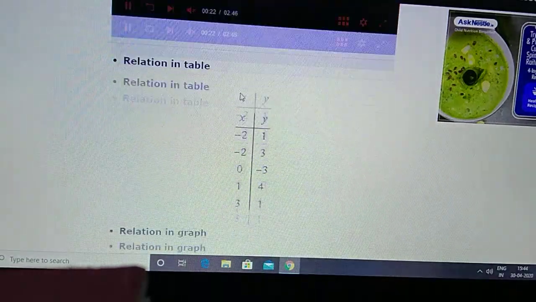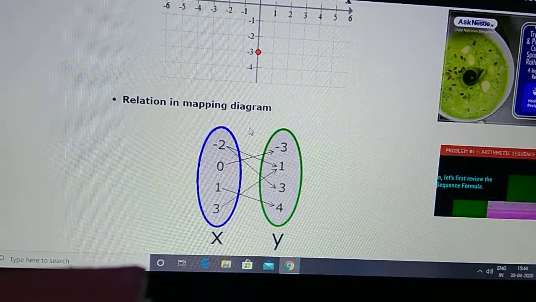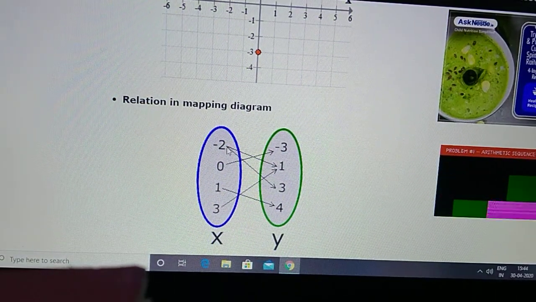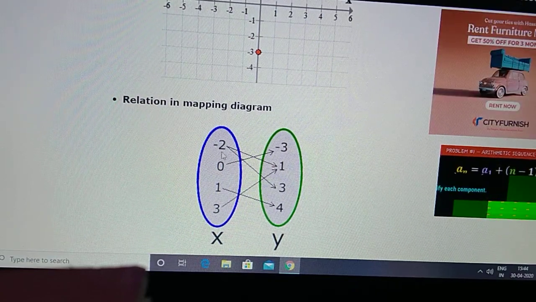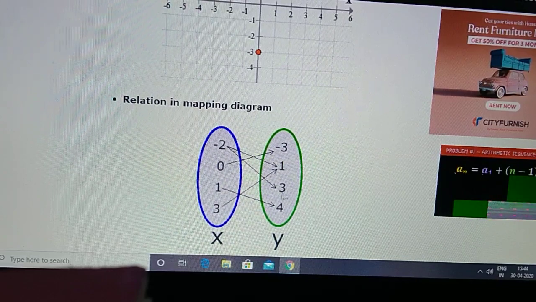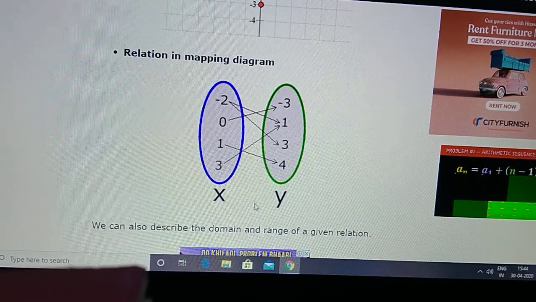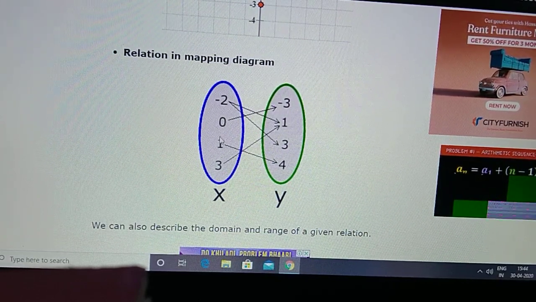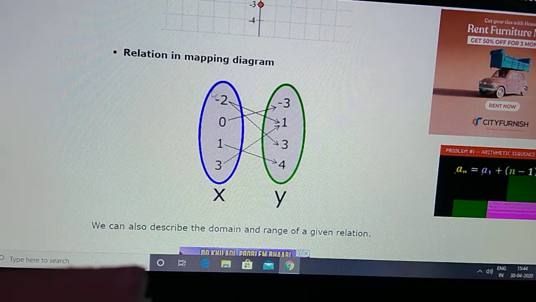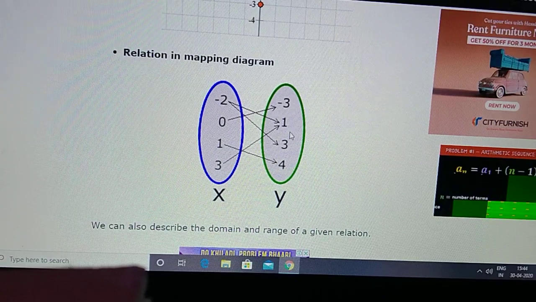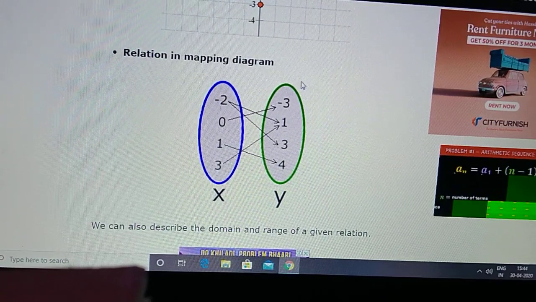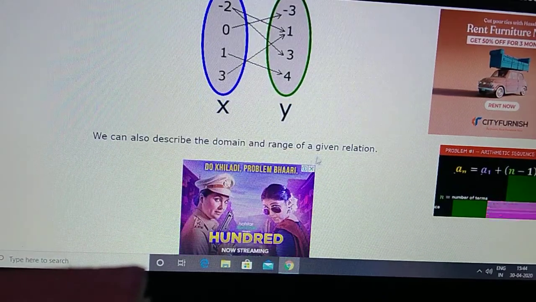But in the Venn diagram we will not repeat it. So -2, 0, 1, 3 are the elements of x, and similarly -3, 1, 3, 4 are the elements of y.